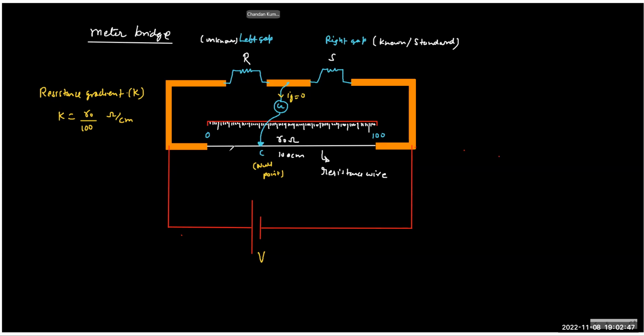So if I call this distance as X, this will become 100 minus X. So if we wish to write the resistance of this length OC, the resistance gradient means a resistance per unit length. So what will be the resistance of the length OC? Kx, right? And similarly, the resistance of let's say CA will be K times 100 minus X, right?